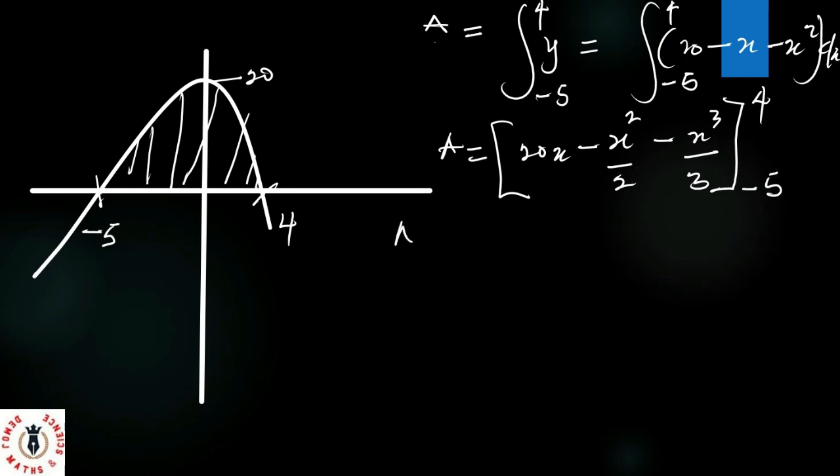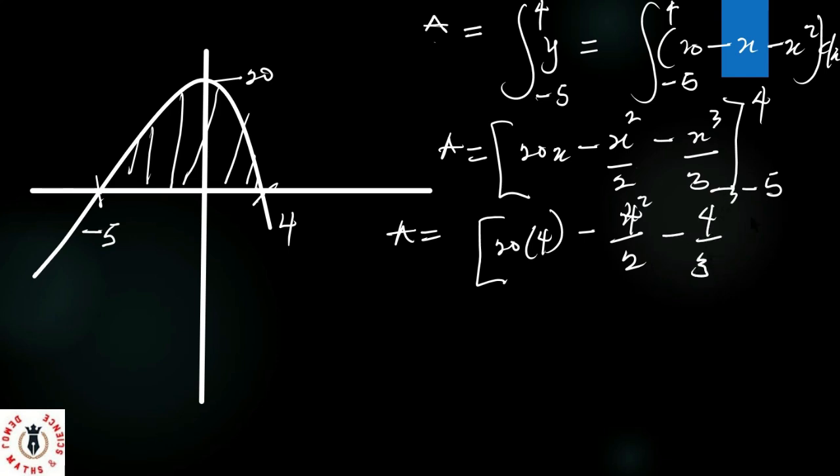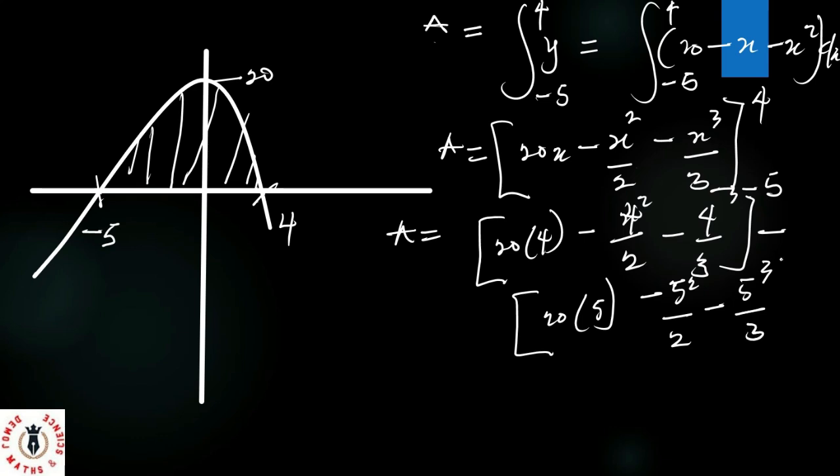Now, the area A bounded by that curve will be the same thing as, in place of x, I can begin to substitute 4. That will be 20 times 4 minus 4 raised to power 3 over 3. Now minus, we'll substitute again for minus 5: 20 times minus 5 minus minus 5 raised to power 3 over 3.